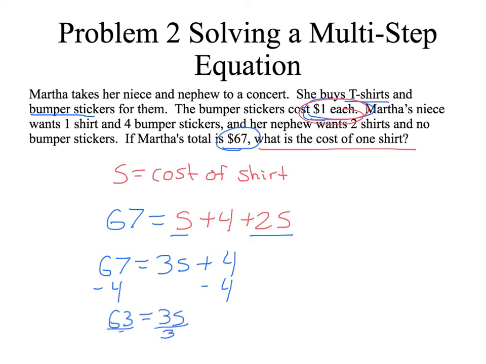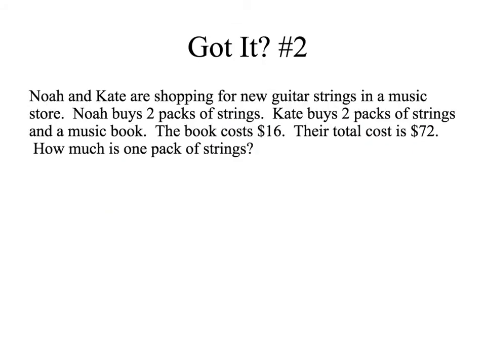Divide both sides by 3. And we have S equals 21. So that's pretty expensive, but what's the cost of the shirt? $21. Now, since this is a word problem, you could probably say $21 is the cost of a shirt, or 1 shirt costs $21.